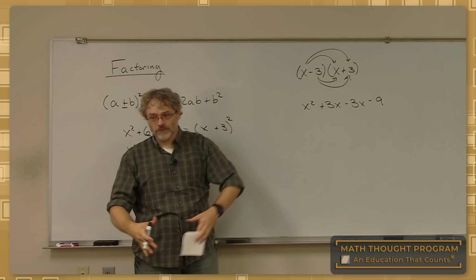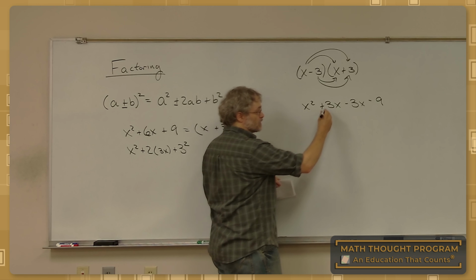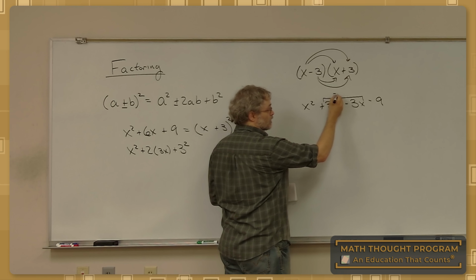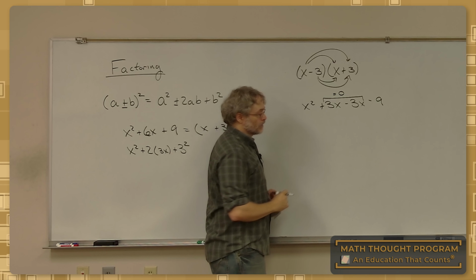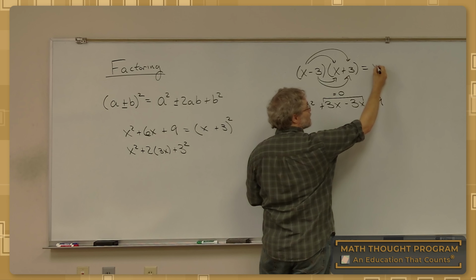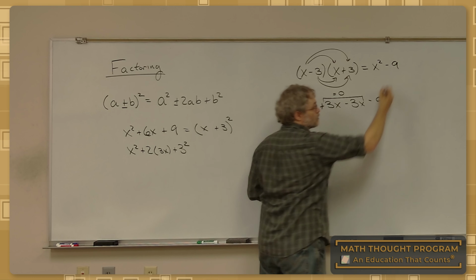When I collect all my like terms, 3x minus 3x gets me 0. So when I expand, this is going to be x squared minus 9.